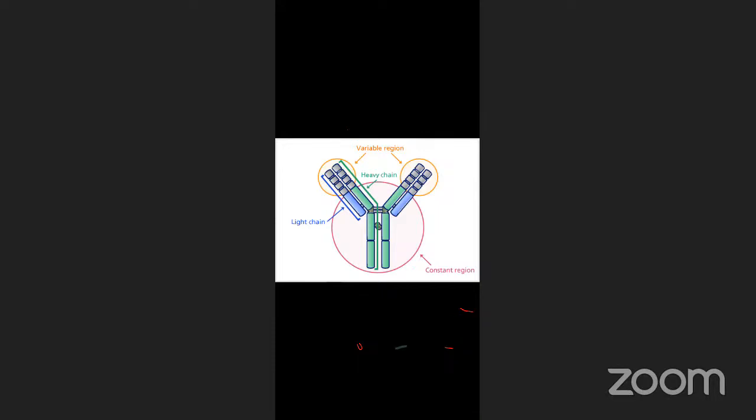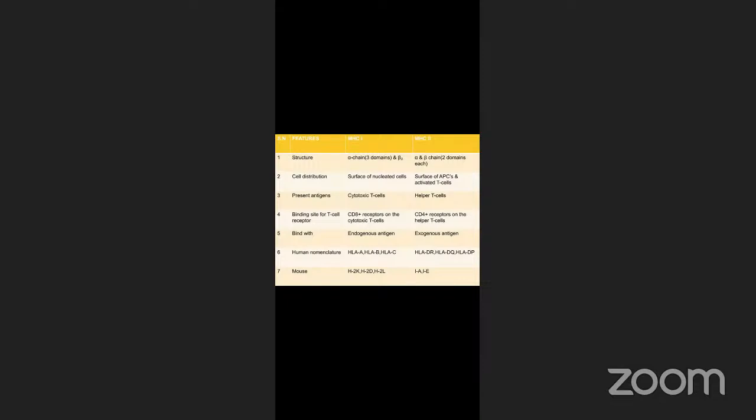I will show one image for your reference. So these are the MHC molecules, especially three types.